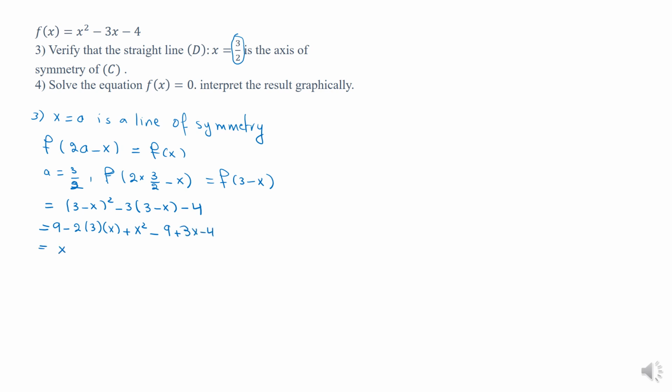This is equal to x squared, minus 6x plus 3x is minus 3x, 9 minus 9 is 0, so minus 4. If you look at f of x, you will find that this is equal to f of x. So verified, x equals 3 over 2 is a line of symmetry of C.